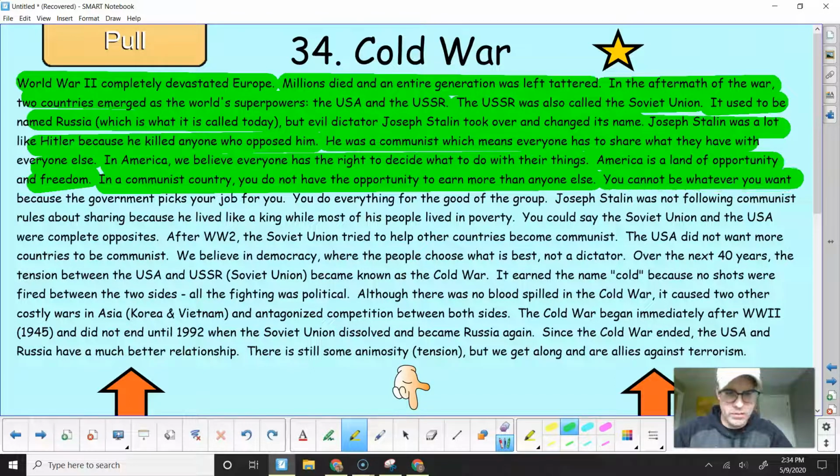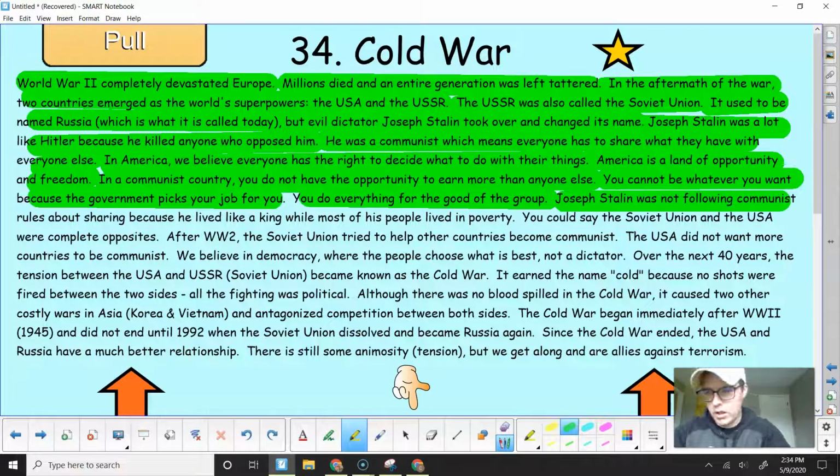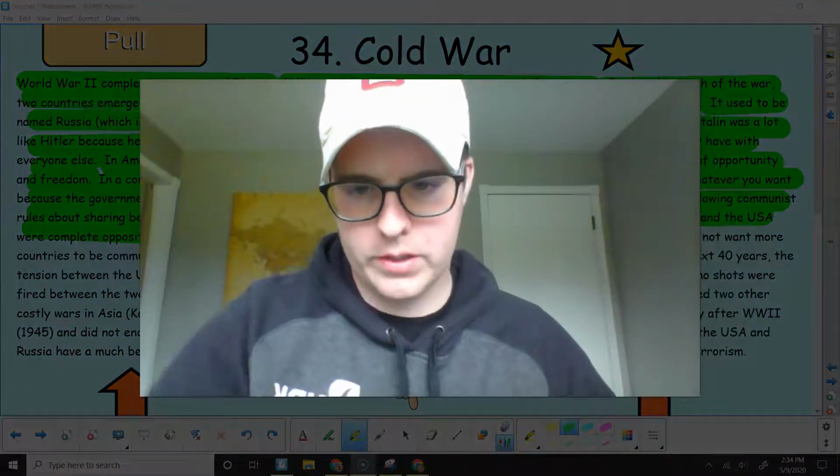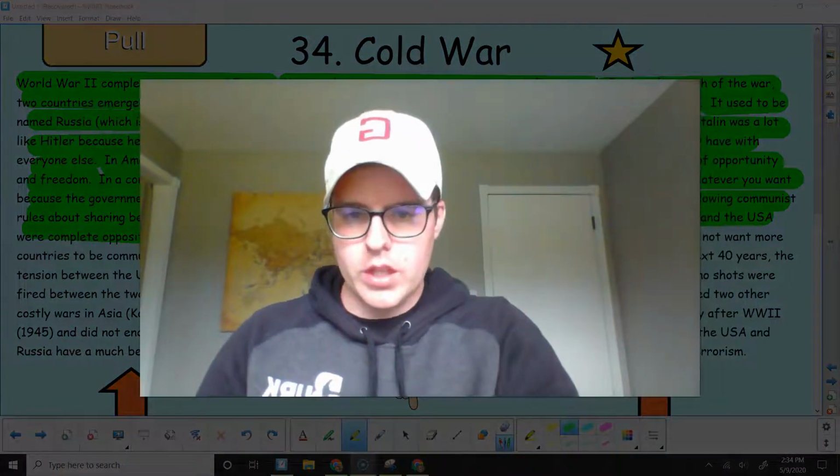You cannot be whatever you want because the government picks your job for you. You do everything for the good of the group. Joseph Stalin was not following communist rules about sharing because he lived like a king while most of the people in his country lived in poverty. You could say that the Soviet Union and the United States were complete opposites. Yes, you could. So let's pause for a second and let me explain.